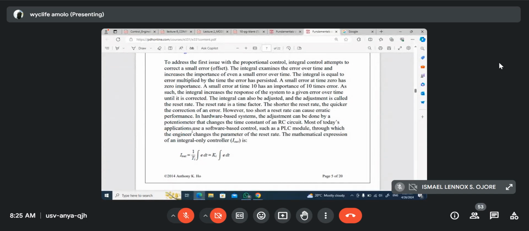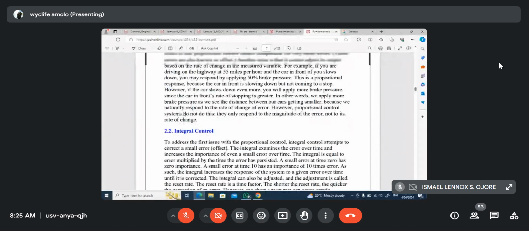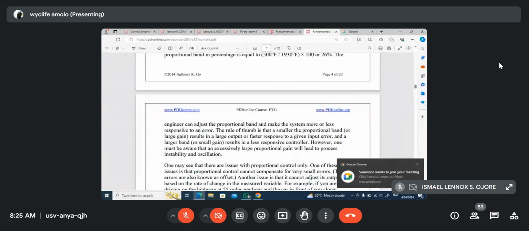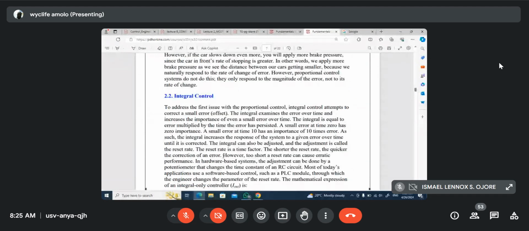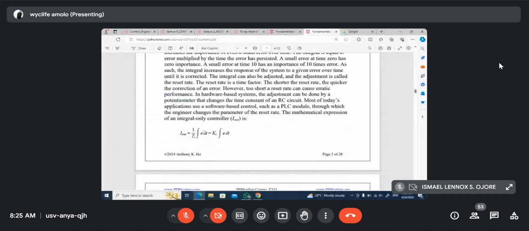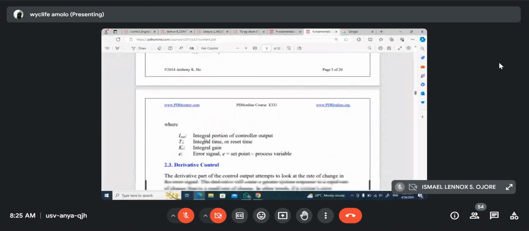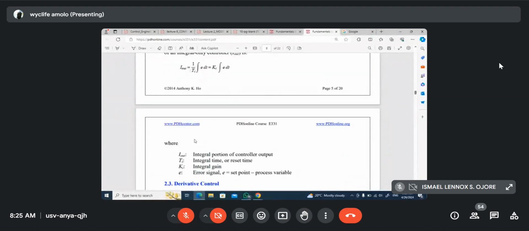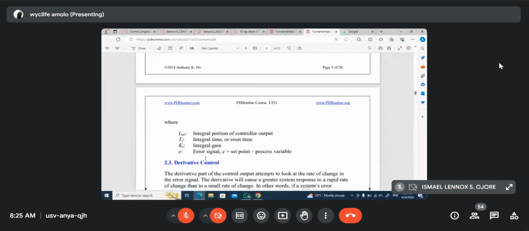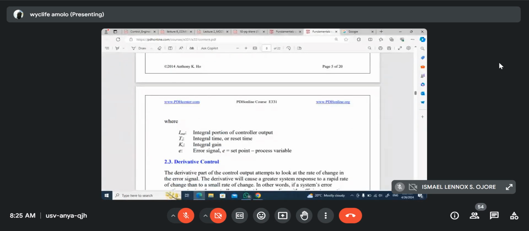The integral part is remembering the past, the memory. It keeps the memory and acts on what was there in the past. But proportional gives us the present. It controls the present system, the present response, and integral controls the past response by adding up, getting the sum step by step and giving the comparison.